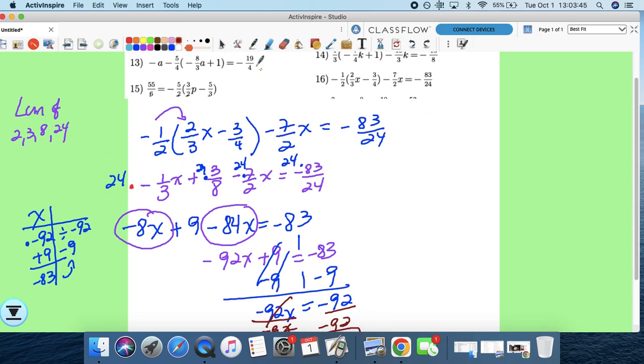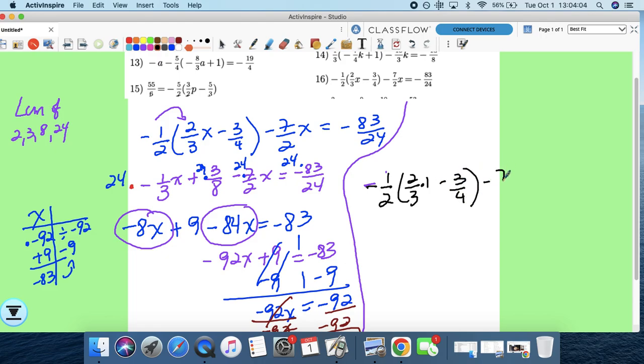So we're going to go back to our original equation, and everywhere you see x, you're going to replace it with 1. We had negative 1/2 times (2/3 times 1 minus 3/4) minus 7 over 2 times 1 equals negative 83 over 24.